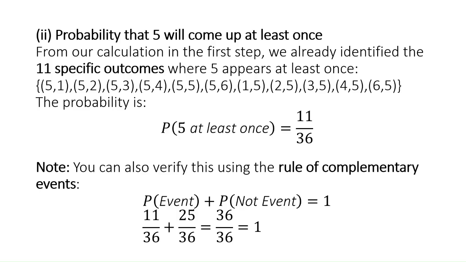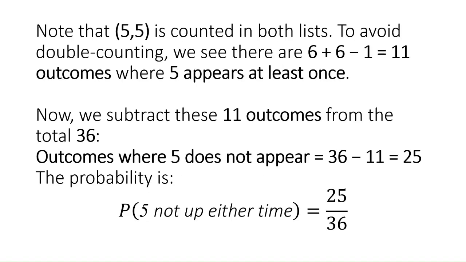When we add them, 36 by 36 is equal to 1. So when a dice is thrown twice, or two dice are thrown simultaneously, the probability that we see 5 at least once is 11 by 36, and the probability that 5 is not seen either time is 25 by 36.